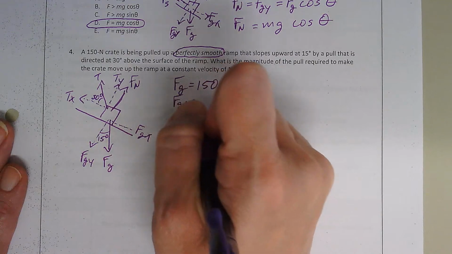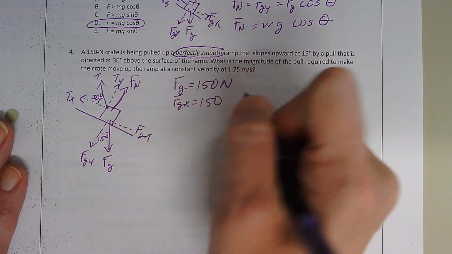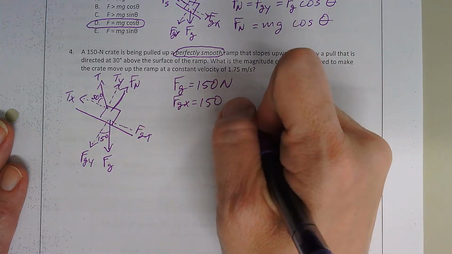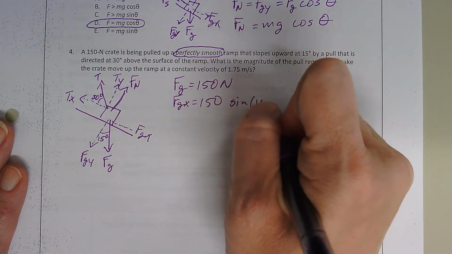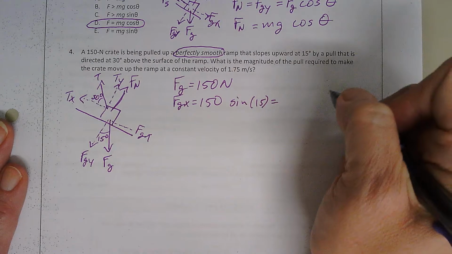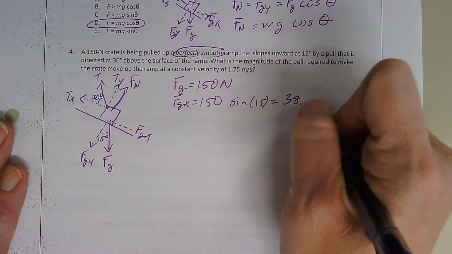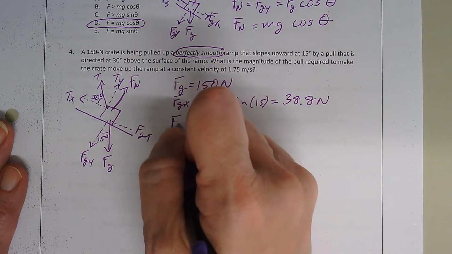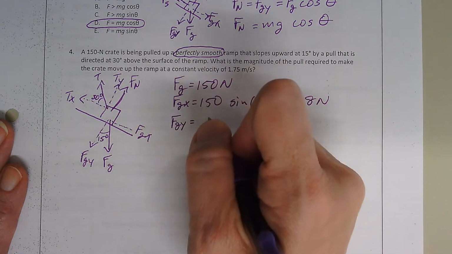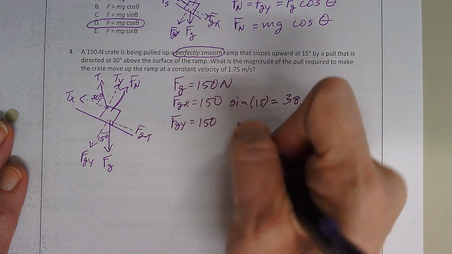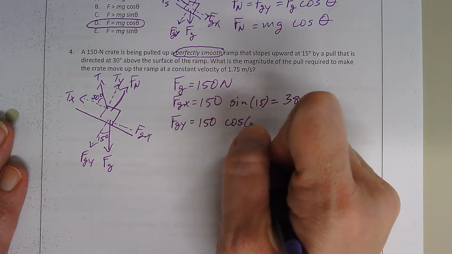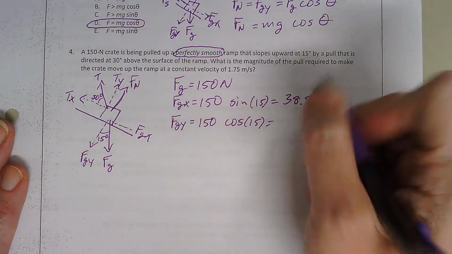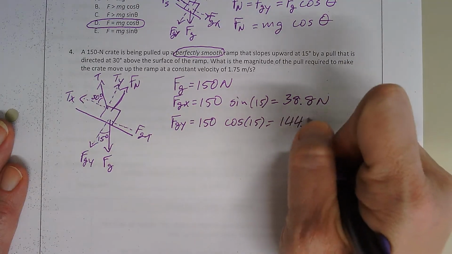So my Fgx is 150 sine 15, so that's 38.8 newtons. And my Fgy is 150 cosine 15, and that gives me 144.9 newtons.